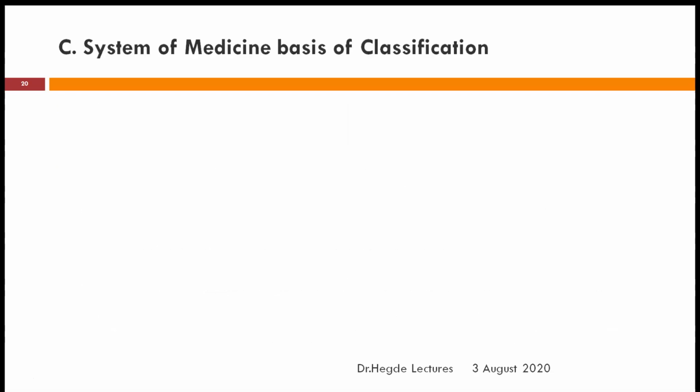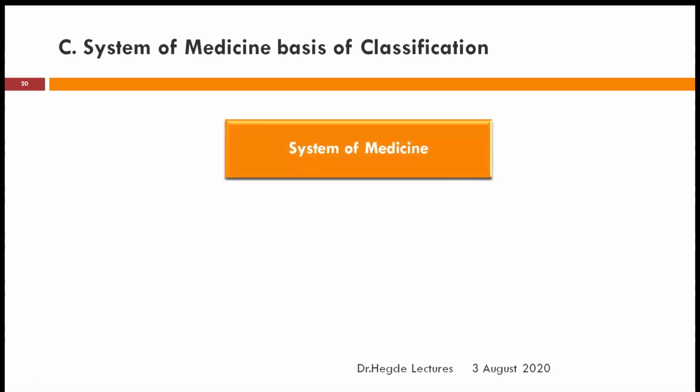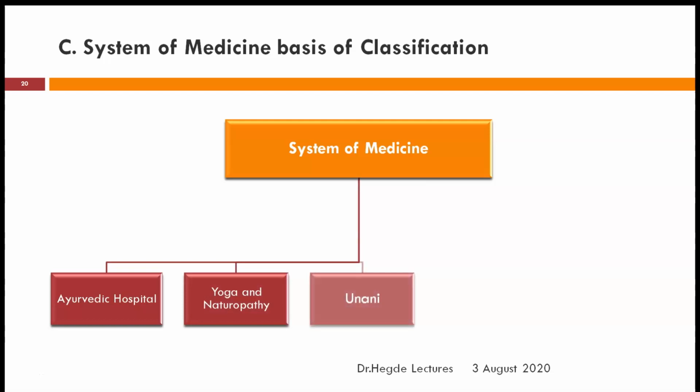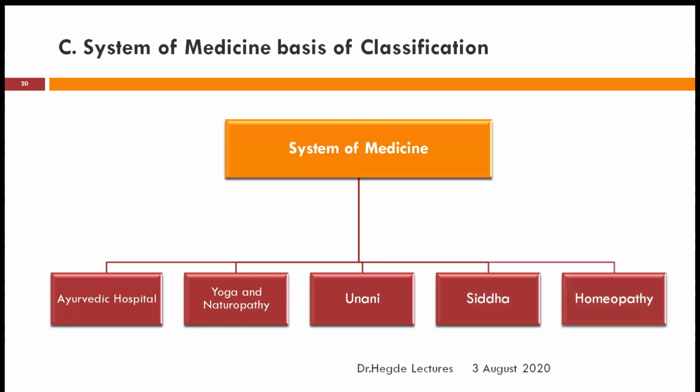And the third type of classification is the system of medicine basis of classification. The classification is based on the different types of systems of medicine involved. In India, apart from the allopathic system of medicine, other systems of medicine are practiced, such as Ayurvedic hospital, Yoga and Naturopathy hospital, Unani hospital, Siddha hospital, and Homeopathy hospital.